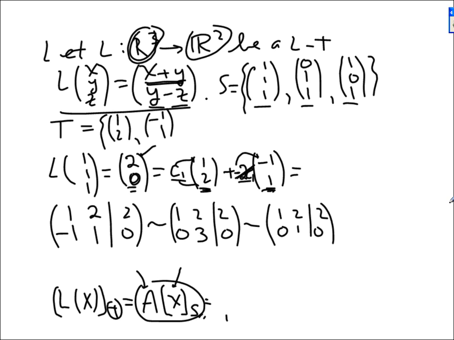Just call this C2. C1 minus C2. Oh, here it is. They're right in this columns. Sorry about that. 1, 2, negative 1, 1.